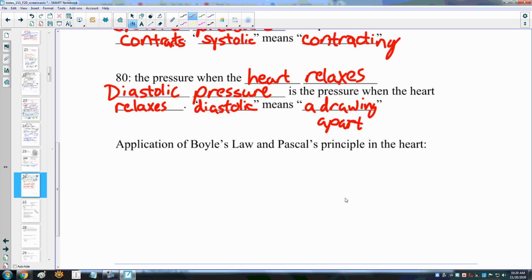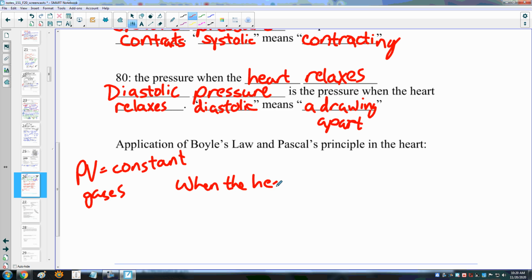Not really Boyle's law. Remember, Boyle's law says that PV is equal to some constant value. Really, Boyle's law is only supposed to be for gases, but we can sort of apply it to the heart. When the heart contracts, the volume goes down and the pressure increases.